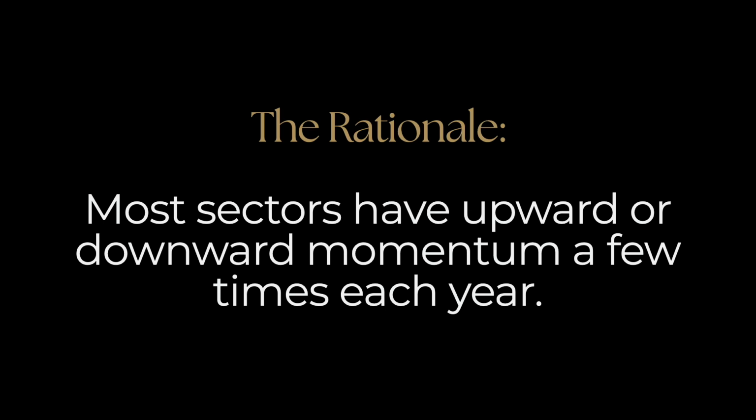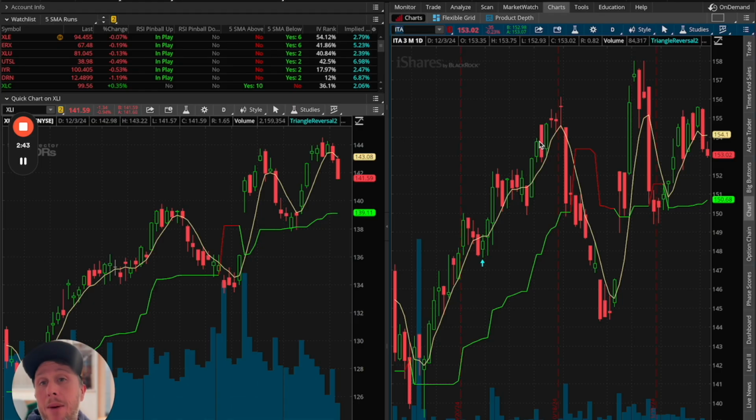One of the ways that Linda Raschke talks about spotting the momentum in a sector is to look at the price in relation to the 5-period simple moving average. She noticed that you can predict movement to the upside by counting how many days price has been moving above the 5 simple moving average.